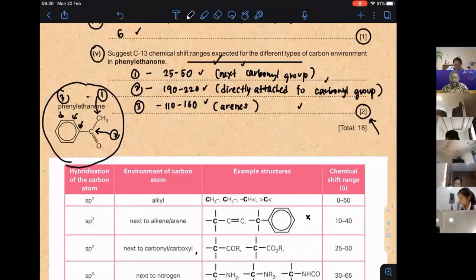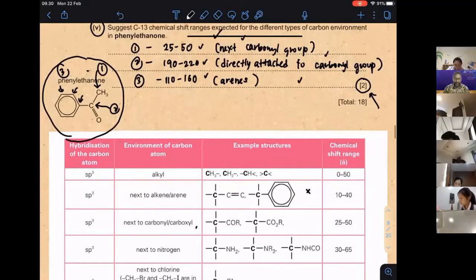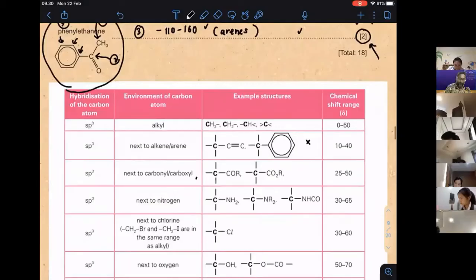Even in the marking key, if you mention any 2 of them, they didn't even give you marks for reason, but I'm suggesting you to write down the reason. As long as you give the correct range, at least 2, they will give you the full 2 marks. You can get it from your data booklet, but make sure you select the right one.